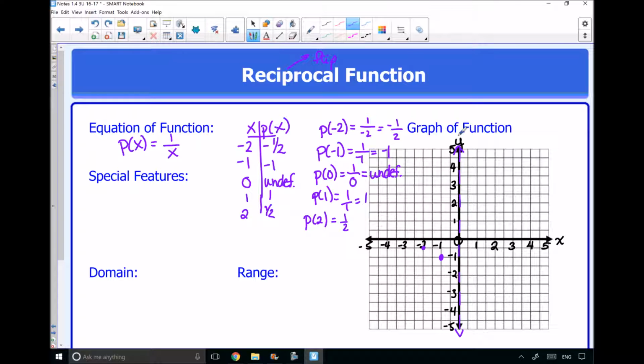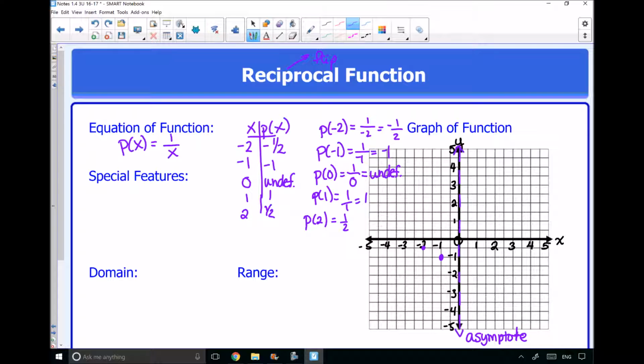So I'm going to draw a vertical dotted line, and this line is called an asymptote. And what that means is that it's not going to work at this point right here. However, it's also an asymptote because of something else that we haven't really discussed quite yet, and we'll talk about that in a couple minutes after we finish graphing out the rest of these points.